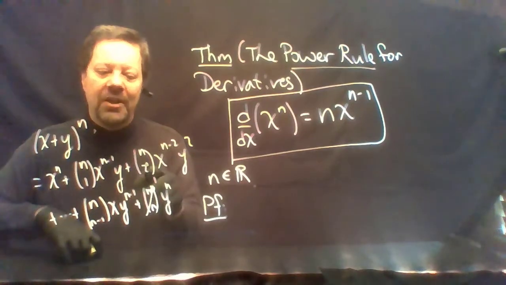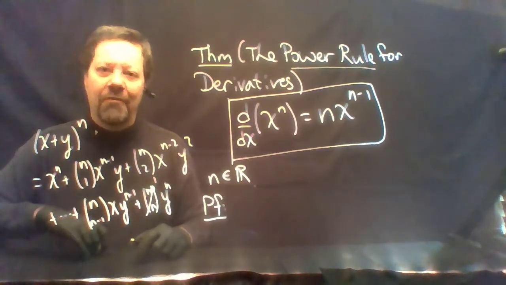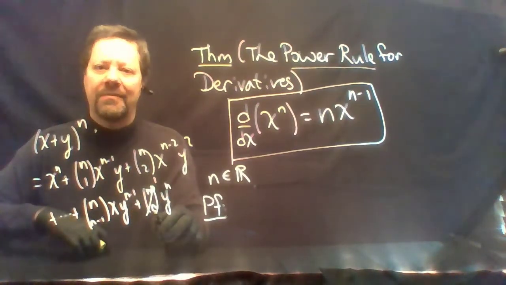These binomial coefficients are the entries in the various rows of Pascal's triangle. They always begin with 1 and end with 1.